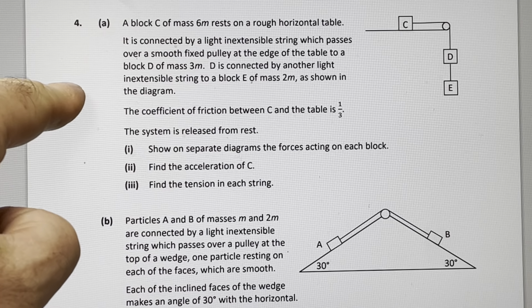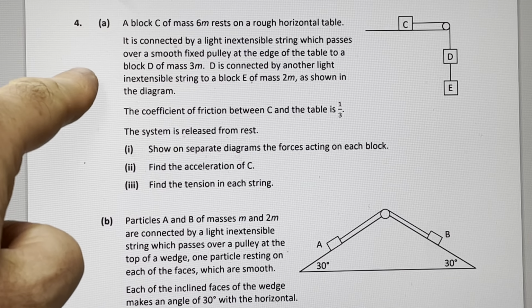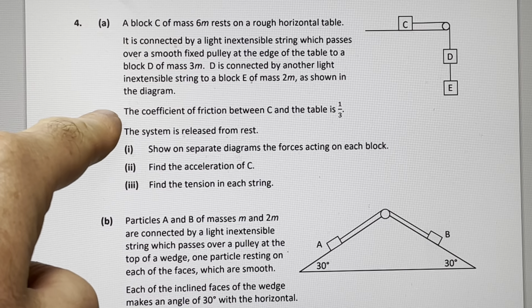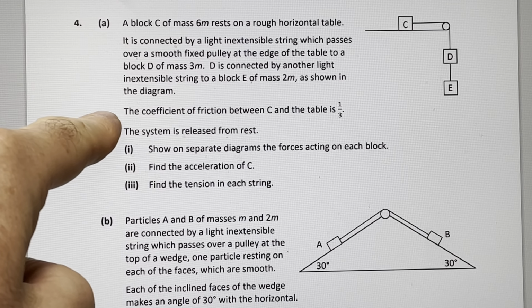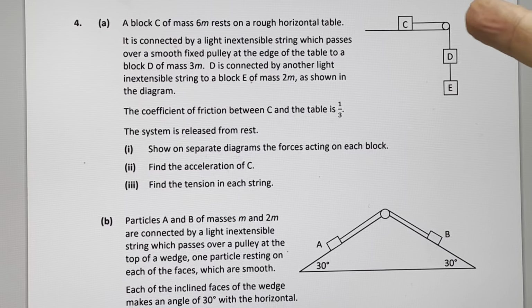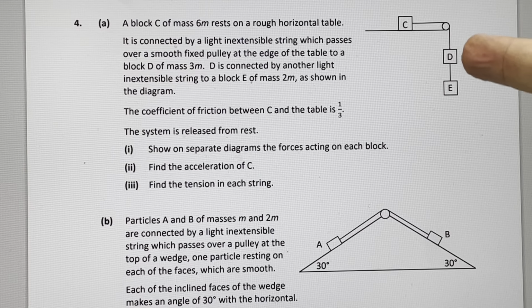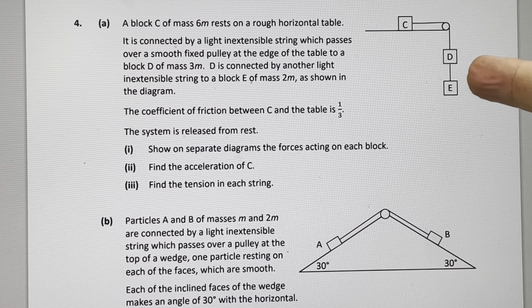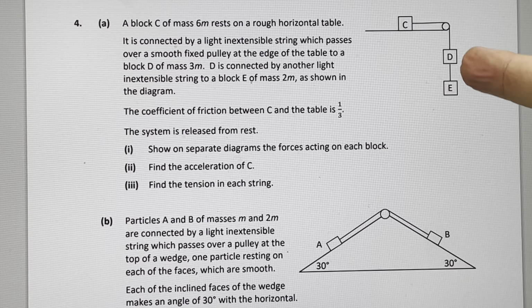Connected particles. Okay, so a block, light inextensible string. So two particles here. That's unusual. D is connected by another light inextensible string, so two strings there.